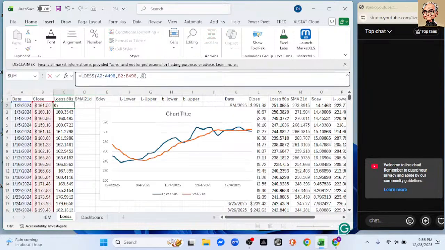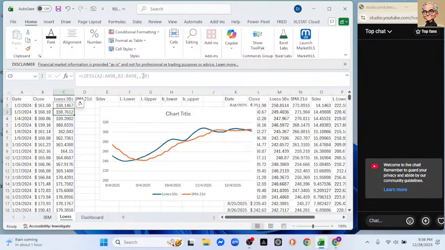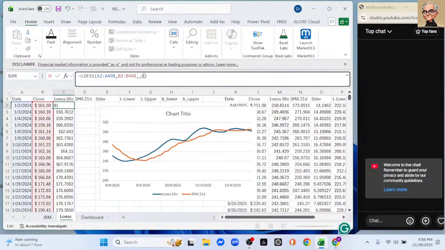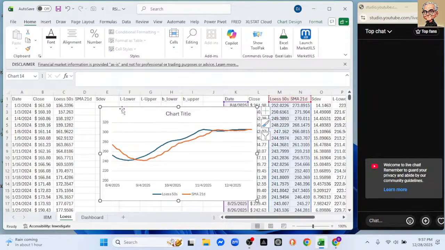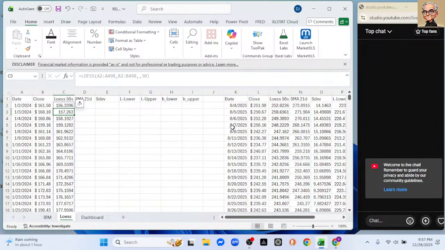Our original value was 20, right? Let's try 30. Yeah, that's not too bad. Let's replot this now.